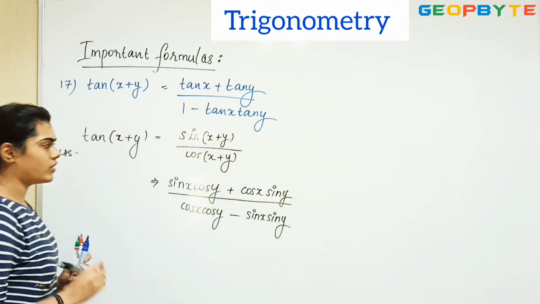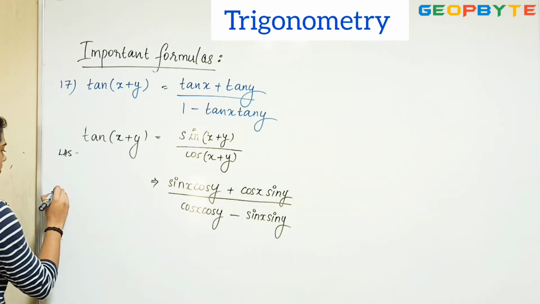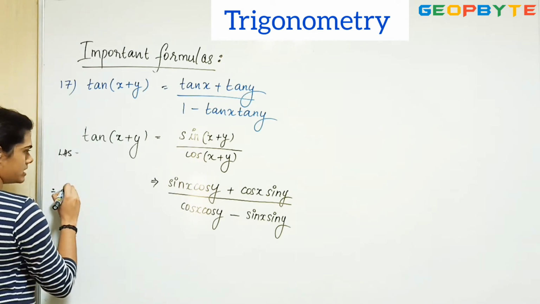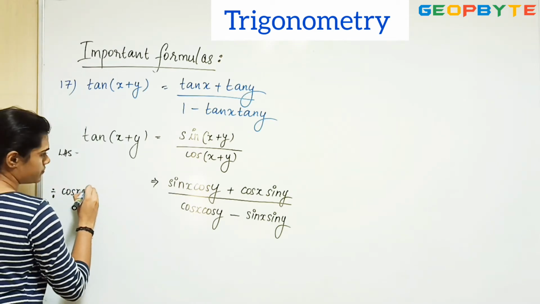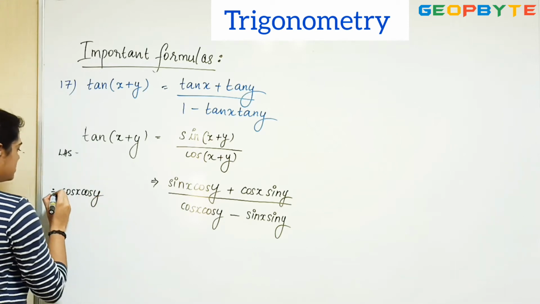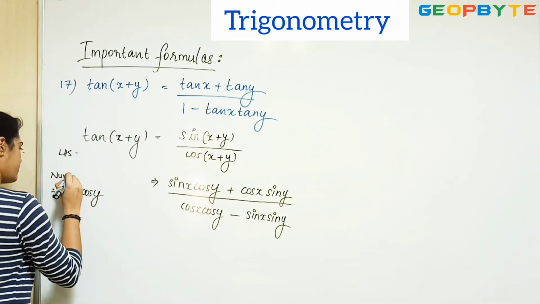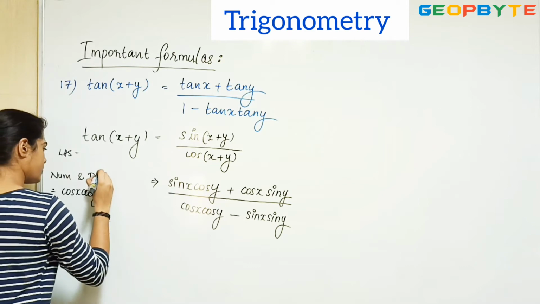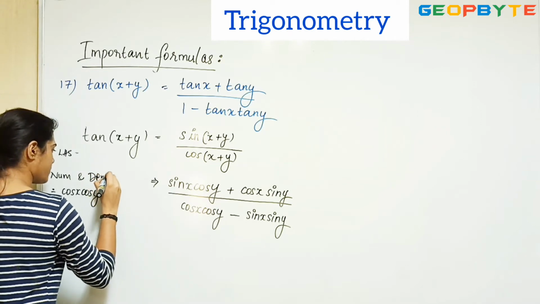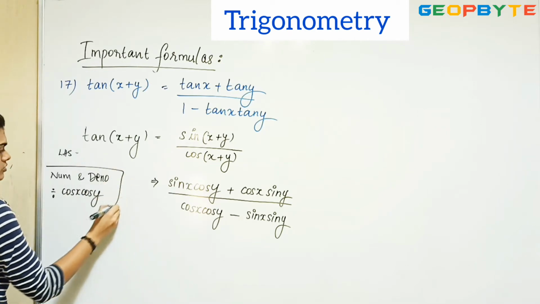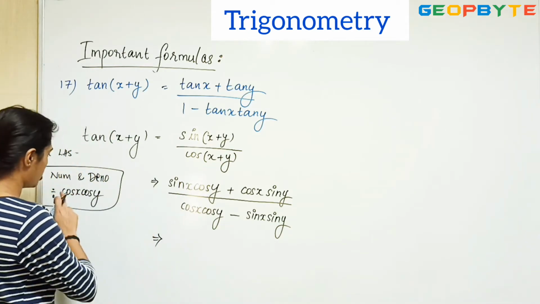Now we have to do one simple trick, that is, divide the numerator and denominator by cos x cos y.